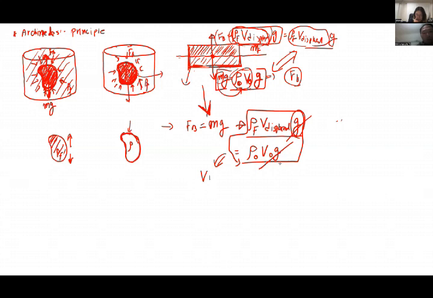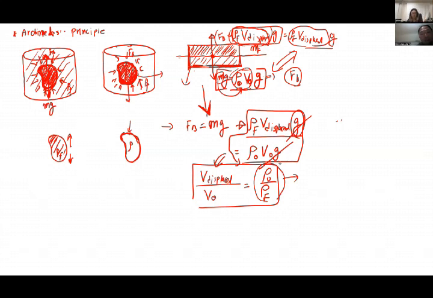So the volume displaced over the total volume of the body equals rho naught over rho F. So if you know the density of the object and the density of the fluid, you can find the ratio of the displaced volume and the total volume. So if you know the volume of the object, you can estimate how much volume is displaced by estimating this density ratio, right?